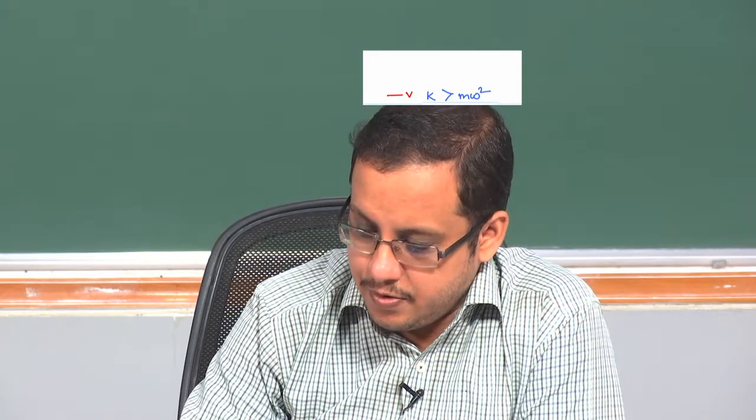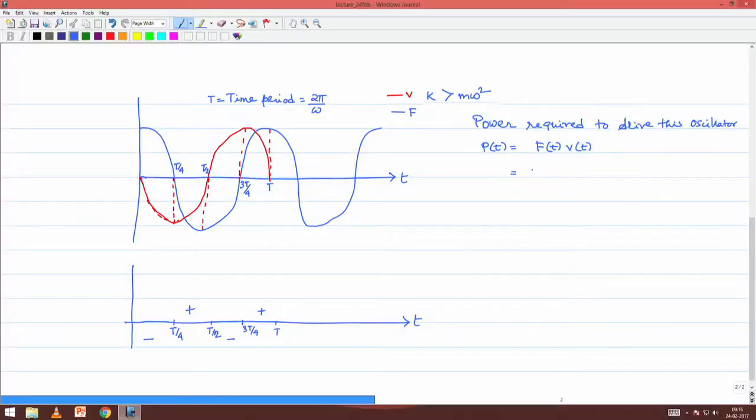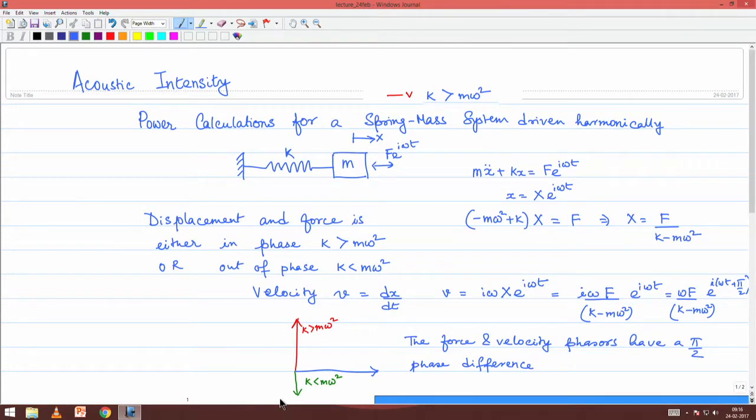So, if you look at it in a more formal sense, we have the following expression: capital F equals f e to the power i omega t, and V is capital F by Z e to the power i omega t plus pi by 2, where Z is k minus m omega square divided by omega, right.